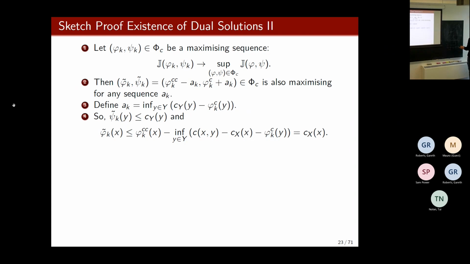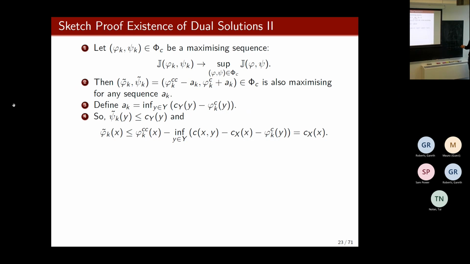Okay, and perhaps more importantly, we know that psi tilde has to be less than or equal to C of y. This is just by construction of A k; psi tilde is the first C transform plus A k.